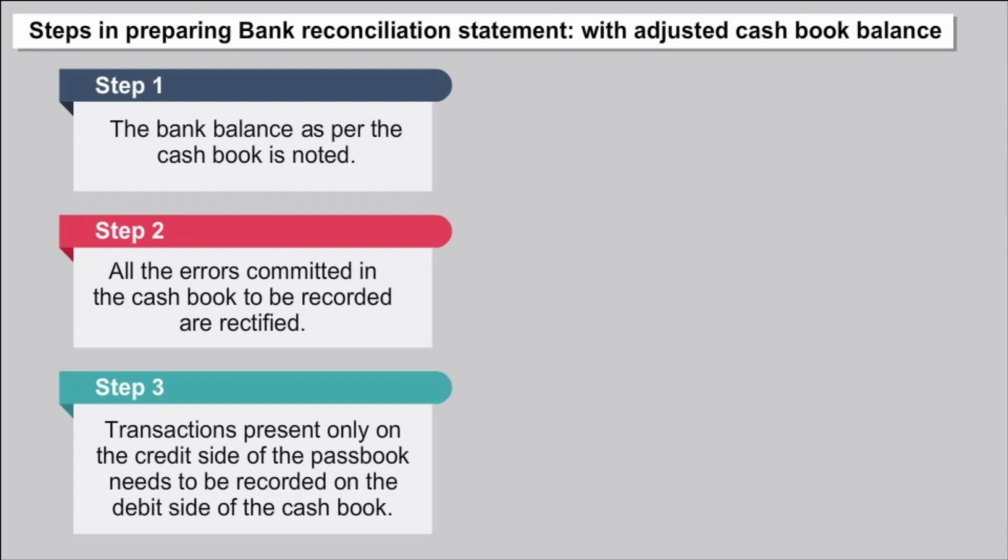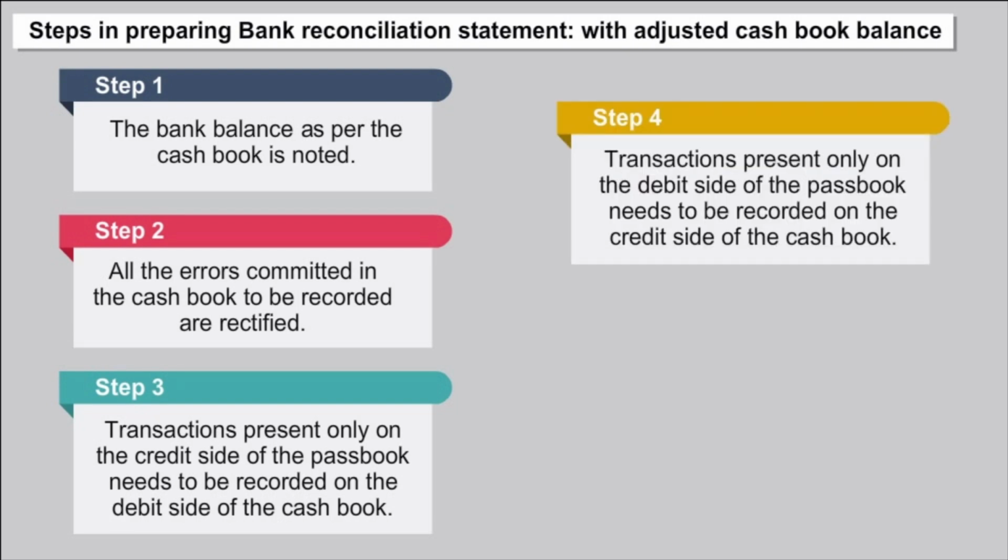Transactions present only on the credit side of the passbook need to be recorded on the debit side of the cash book. Step 4. Transactions present only on the debit side of the passbook need to be recorded on the credit side of the cash book. Step 5. At the end, total the cash book and find the balancing figure, which is used to prepare the bank reconciliation statement.